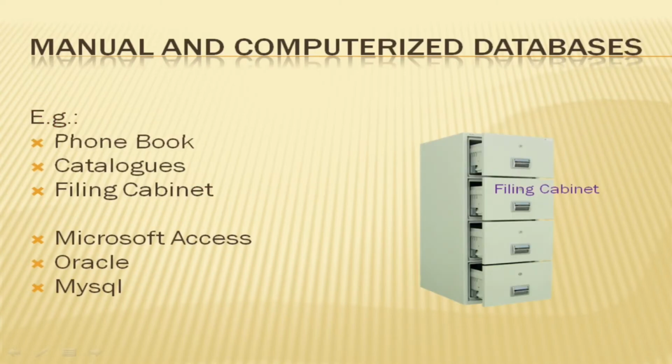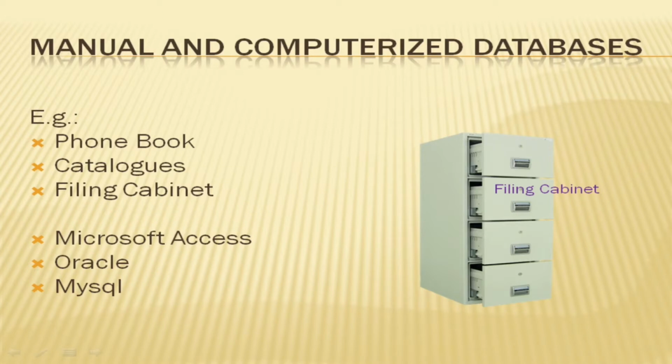Data can be stored in manual databases and computerized databases. Examples of manual databases are phone books, catalogs, and filing cabinets. Computerized databases were developed to make the storage and retrieval of information faster and easier compared to manual databases.